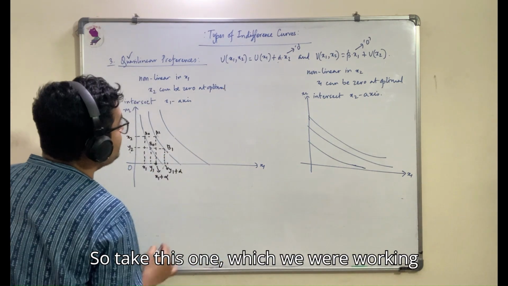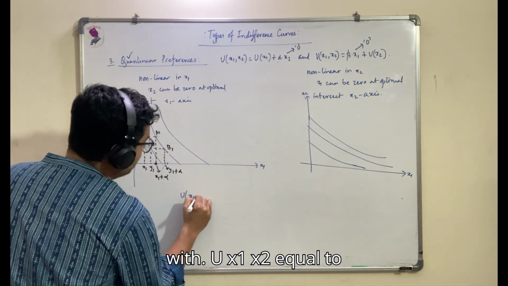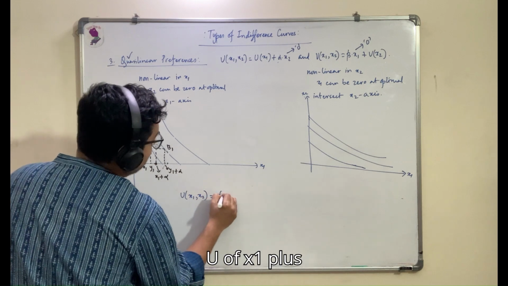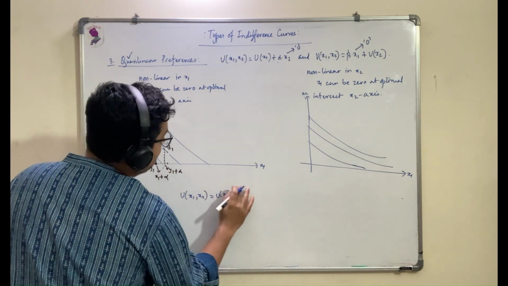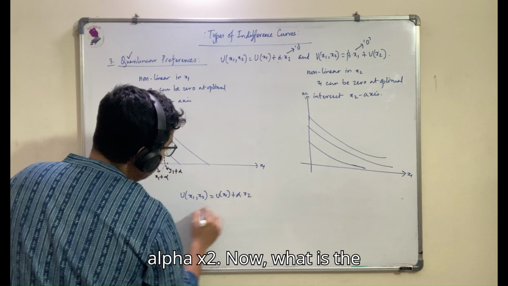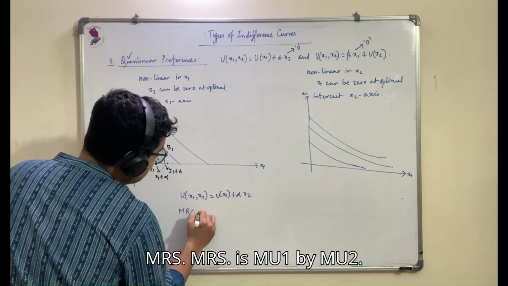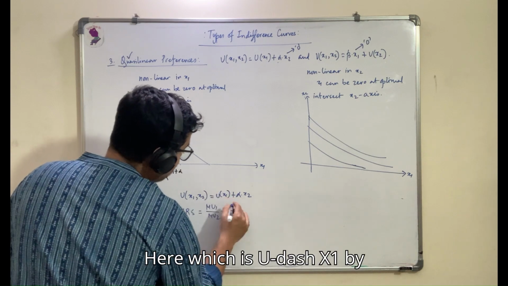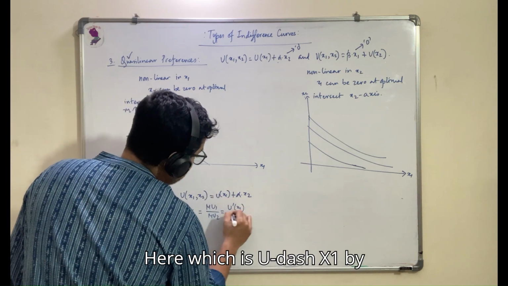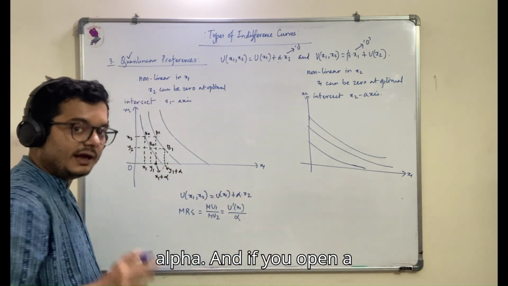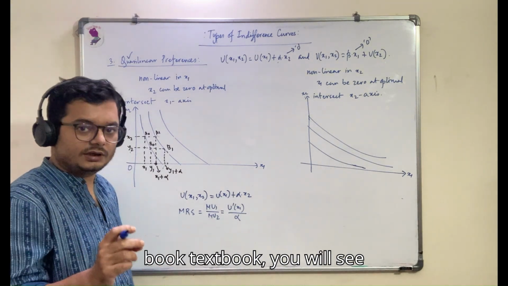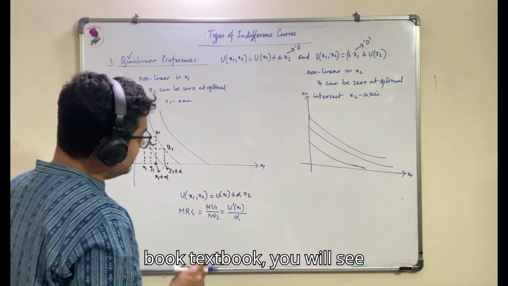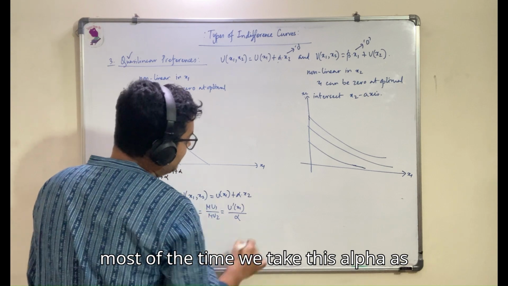Now, just as an extra, we will do a little bit of math. So take this one which we were working with. u(x1, x2) equal to u(x1 plus alpha x2). Now, what is the MRS? MRS is MU1 by MU2 here, which is u dash x1 by alpha. And if you open a textbook, you will see most of the time we take this alpha as 1.